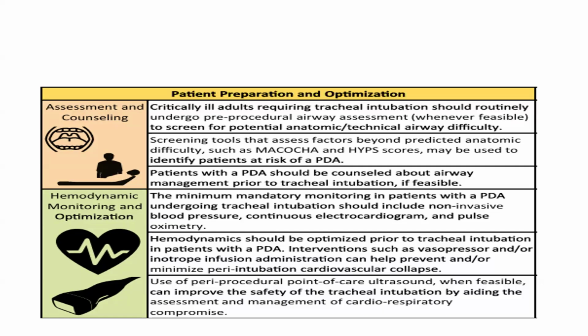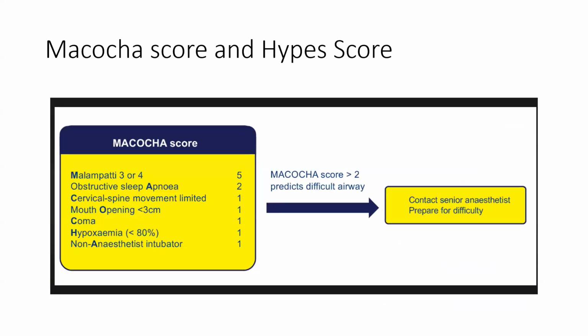Interventions such as vasopressor or inotrope infusion can help prevent and minimize peri-intubation cardiovascular collapse. Use of peri-procedural point-of-care ultrasound, when feasible, can improve safety of tracheal intubation by aiding assessment and management of cardiorespiratory compromise.